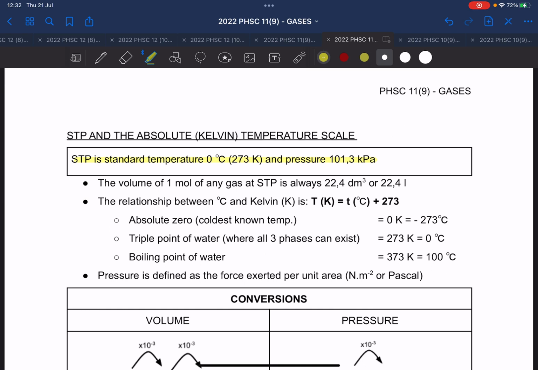That temperature is 0 degrees Celsius and 101.3 kilopascals. This is just atmospheric pressure. And 0 degrees Celsius is the freezing point of water.